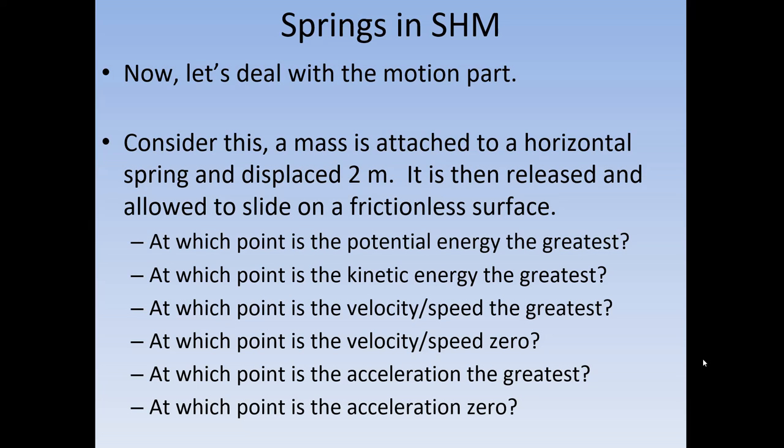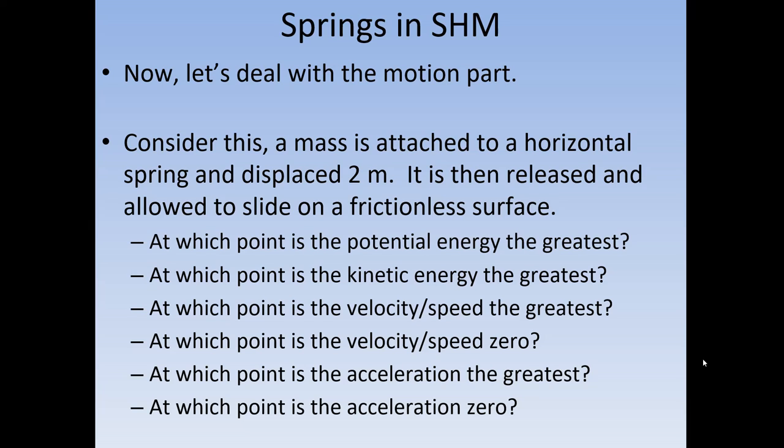So as an object oscillates between its amplitudes, we can identify each of these points, and we want to make sure that we know a reason. Now, if you want, you can pause right now and see if you can identify what locations these would occur at. Would it occur at the amplitude or the equilibrium point, or some point in between? And you can compare to see what you get. But I'll go through it right now.